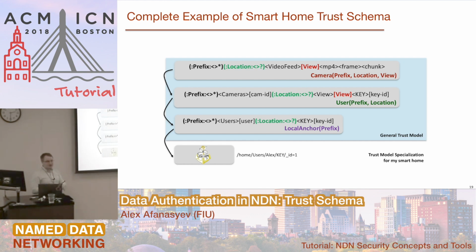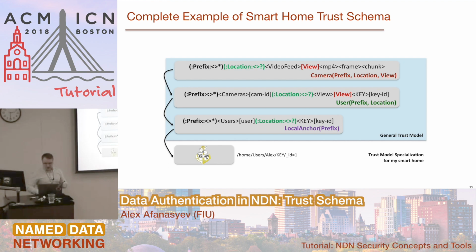So ideally, in the long term, the developers or deployers of the application just pick the specific modules of the trust schema, then define the trust anchor or set of trust anchors, and then everything magically works. As of right now, yes, there is an art to defining the trust schema.